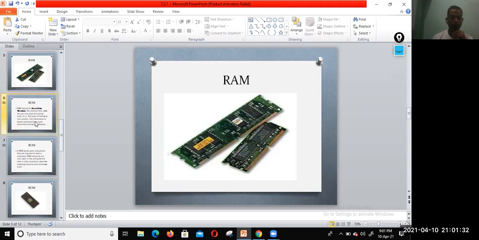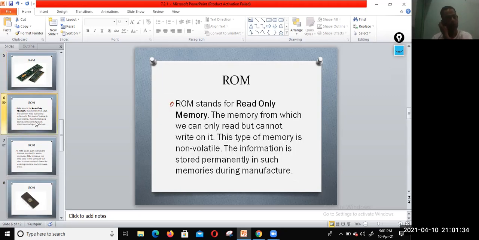Now another important point, that is the ROM. ROM stands for read-only memory. It is memory from which we can only read but cannot write. This type of memory is non-volatile, meaning even after the switch off, data will not be lost.